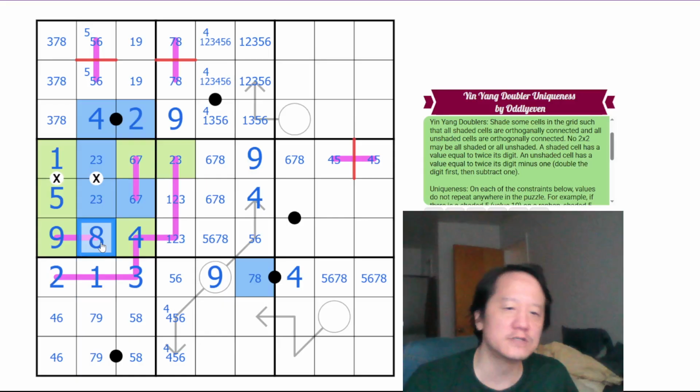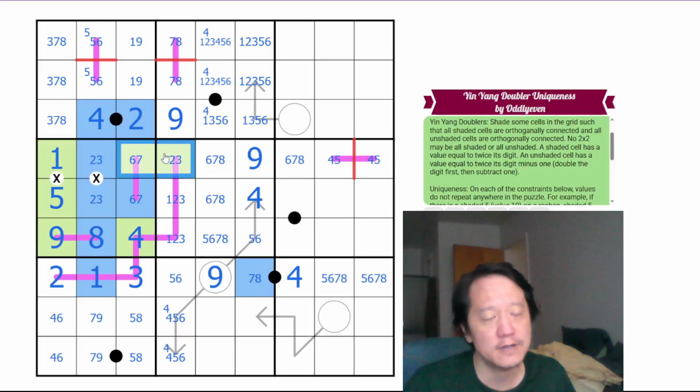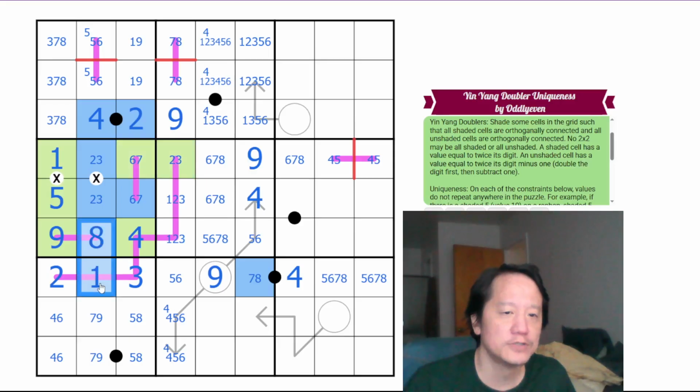So that means this is going to have to be shaded here, because this unshaded one goes out here, has to orthogonally connect. That's clever, actually. So then the one here is shaded, which means the one here has to be unshaded.